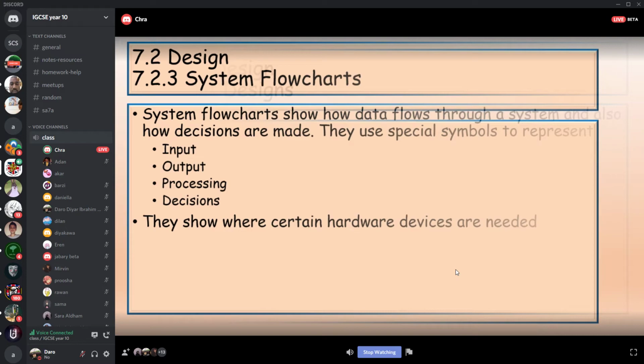And then validation check. No validation check. And this is actually a foreign key, but you don't know what a foreign key is, so either you leave it blank or just write foreign key.